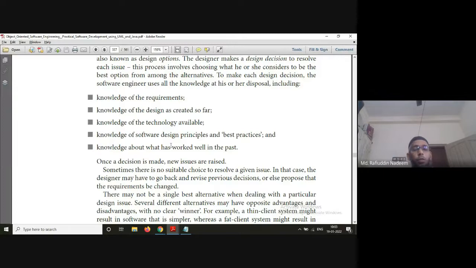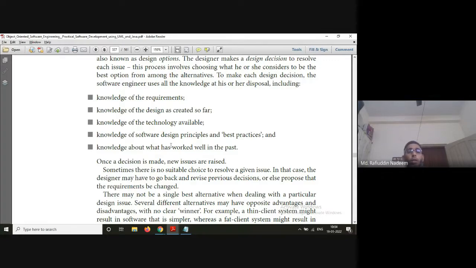That knowledge you must have, and also the knowledge of the software design principles, which we will discuss very soon in the coming classes, and the best practices, and the knowledge of what has worked well in the past. The past experience will play a vital role.